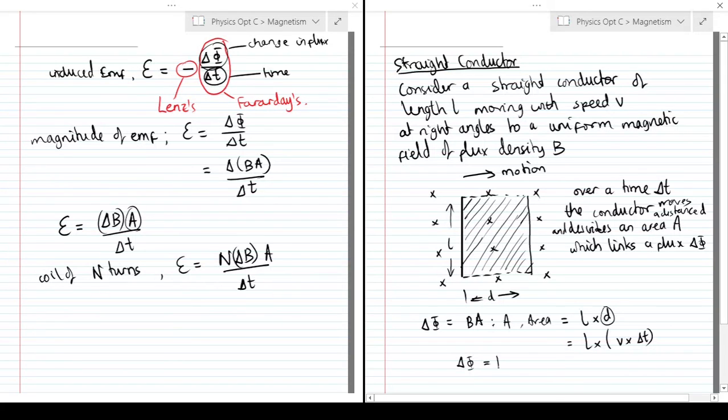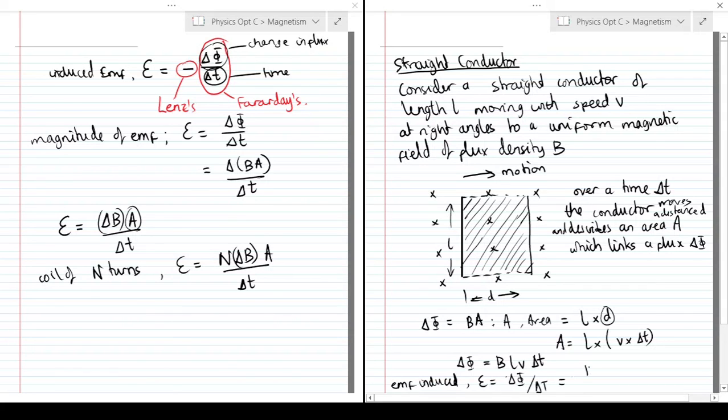So it's B by the area A. This is the expression for A below there. So it becomes B L V delta T. So the EMF induced will be, of course, delta phi divided by delta T.